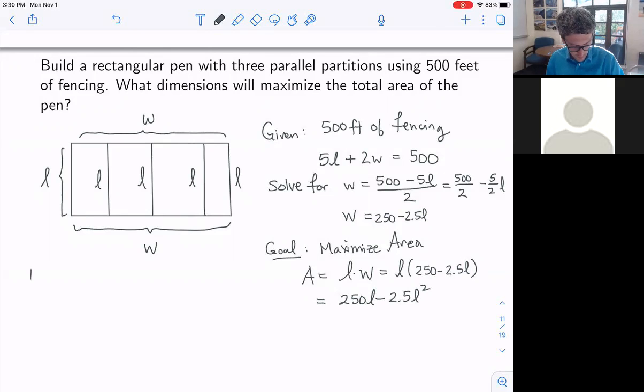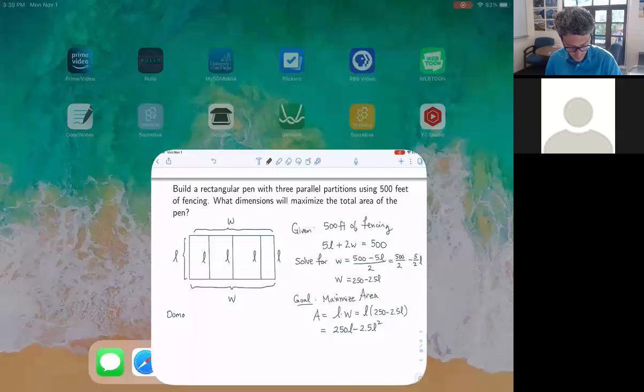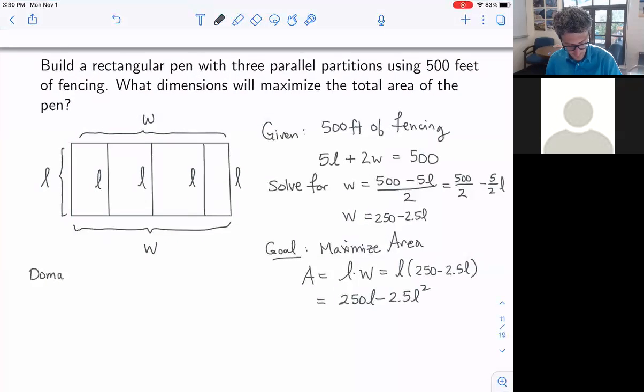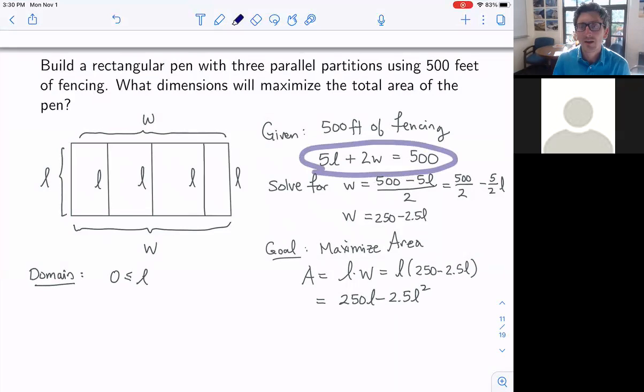It's probably good to think about what the domain of this function would be. Our variable is L. And of course, L can't be negative. We can't have a negative length. And if you think about the biggest it could possibly be, if you look at this equation up here, 5 times L plus 2W equals 500, the biggest L could be would be 100.